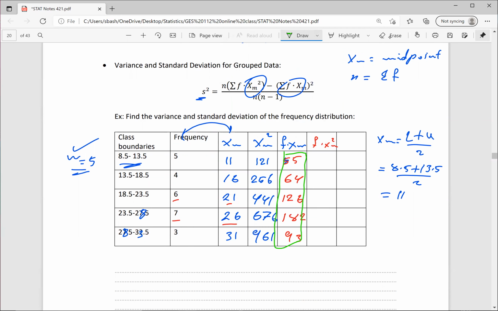We need to find the sigma: 55 plus 64 plus 126 plus 182 plus 93. It is 520. The sum for this one is 520.